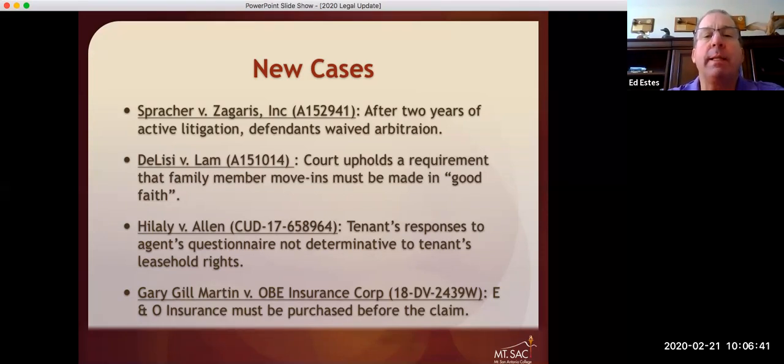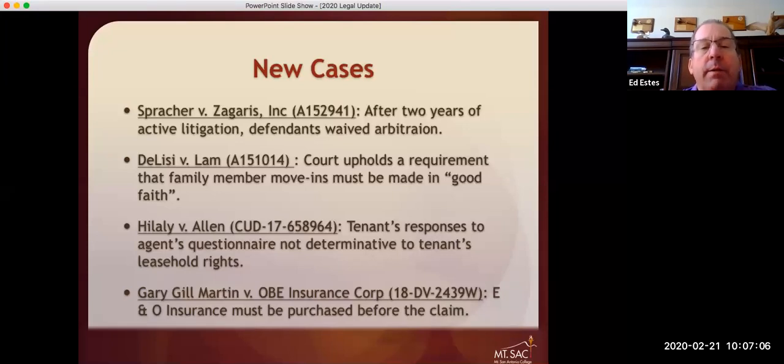There was a report that they had left the light on in the apartment, but it never went off, and no one was ever seen entering or exiting the apartment. And the court held that this was not, in fact, a move-in of a family member. If you're going to evict a tenant and move a family member in, it has to be done in good faith.